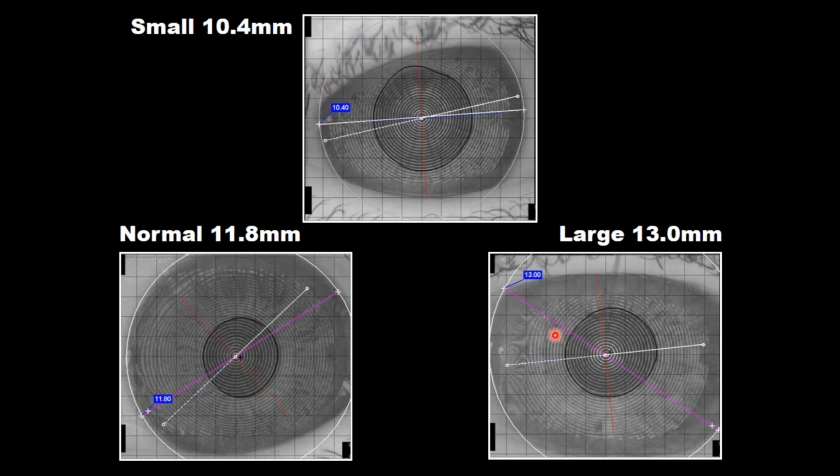Another thing that a topographer is valuable to assist us with our CRT lenses is corneal diameter. For instance, does it make sense to use a 10.6 lens on a cornea that has a visible iris diameter of only 10.4 millimeters? Similarly, should we be using a 10.6 on a cornea that's 13 millimeters in diameter?